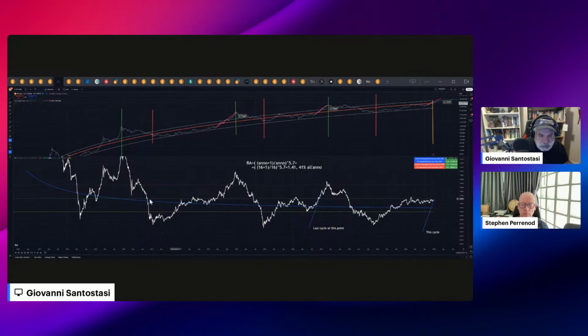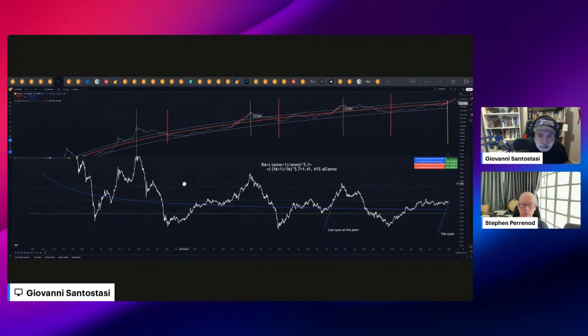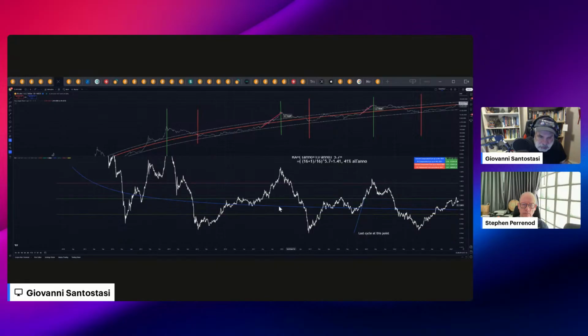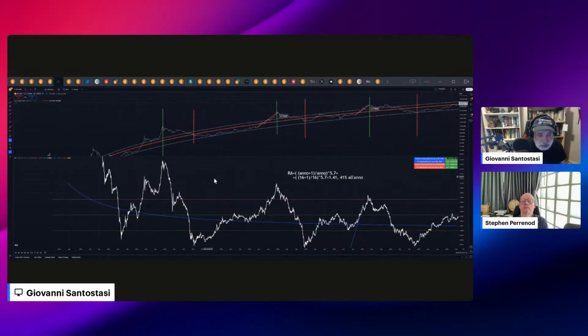And this is what you see. The power law is not just a line that we draw arbitrarily. It's actually a statistical property of a system, because in a way, returns should almost eliminate any trend, right? But the trend is so powerful there that even the returns still show a decay. What we call the diminishing returns. You are seeing here the diminishing return, and it's not just the peaks.